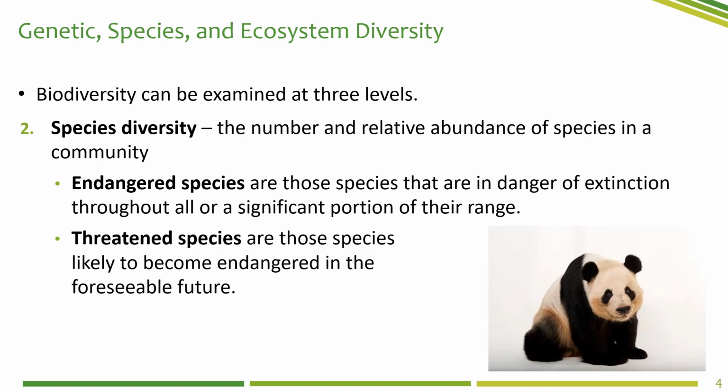So there are different levels of species diversity and different levels of how susceptible a particular group is to potential extinction. So an endangered species is those species that are in danger of becoming extinct in all or part of their range.